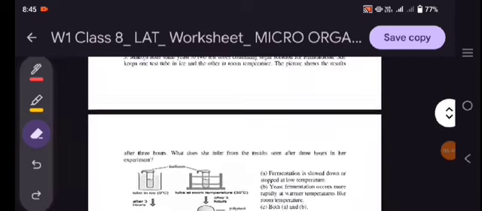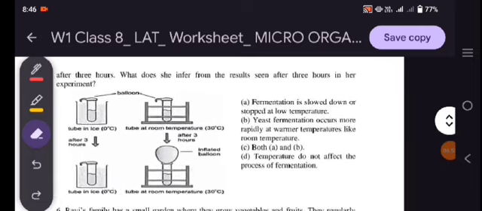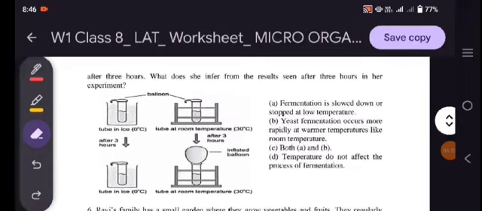Let's see the picture. After 3 hours, what does she infer from the result seen in her experiment? Here in this figure we can see a tube in ice at 0 Celsius, and the second is a tube at room temperature, 30 Celsius. On the top there is a balloon.